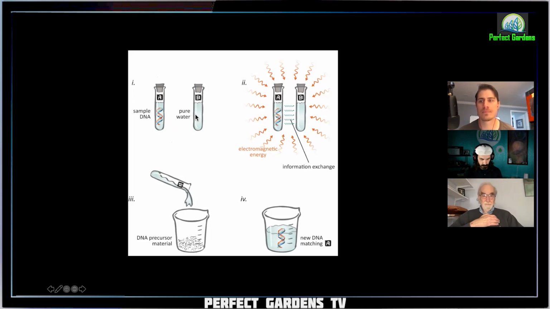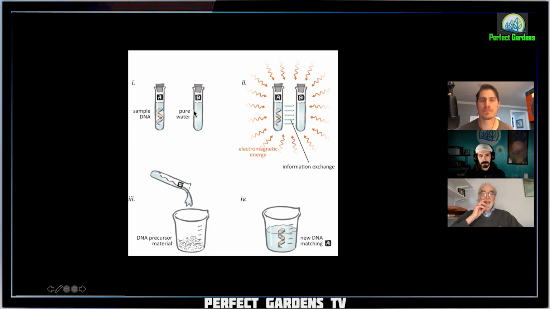And next to it, he's got pure water. These two cannot communicate chemically at all. I put corks here, but obviously these are constrained or contained in a more sophisticated way. So there's no ability of any of the DNA to come into the pure water.